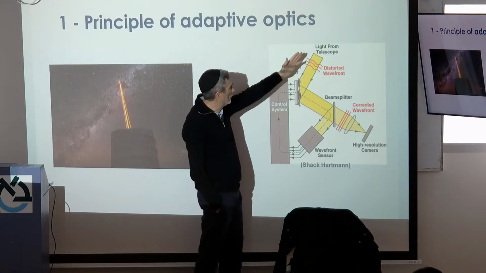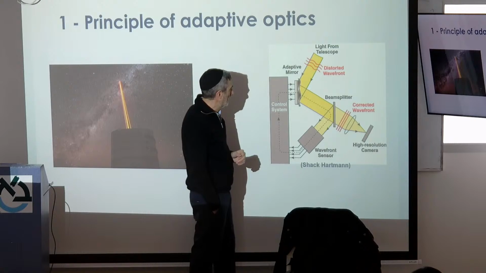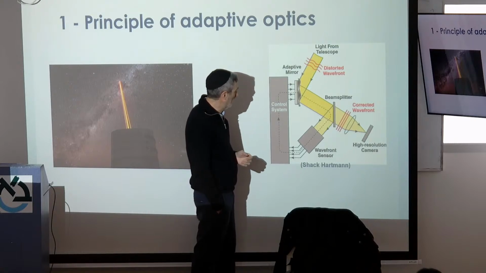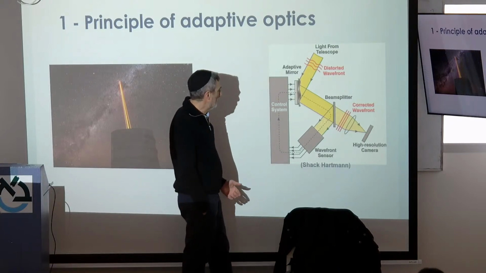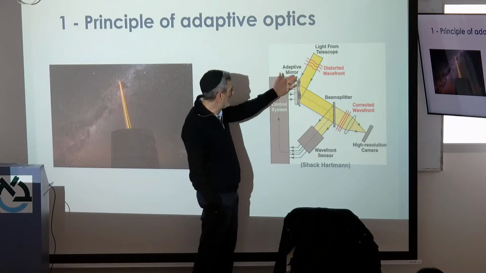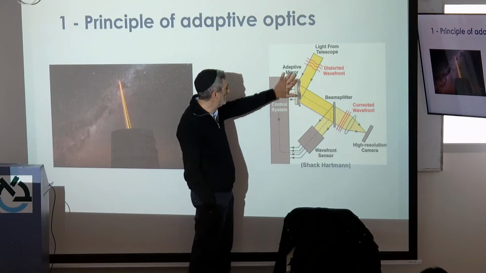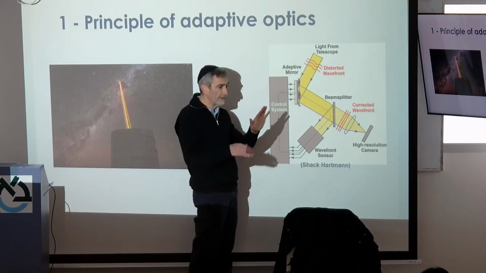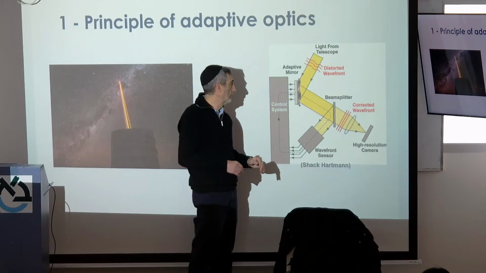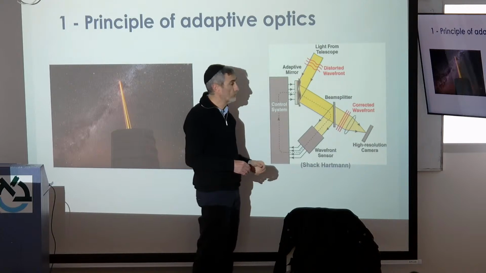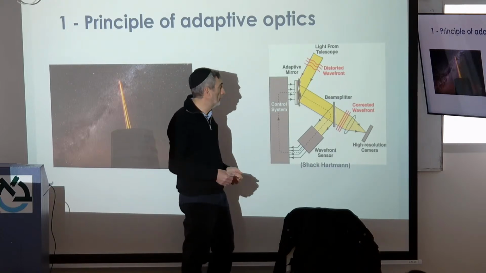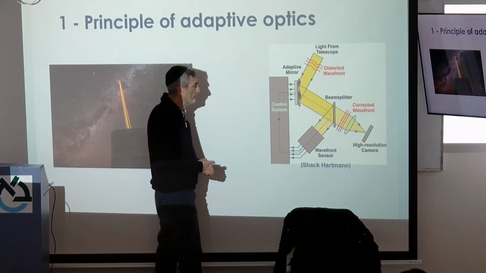So we have light coming from the telescope onto this device here, which is called the Shack-Hartmann sensor. The idea is that you have here an adaptive mirror, a mirror that can be deformed. This deformation can compensate for the distortion of the wavefront due to the atmospheric perturbation.